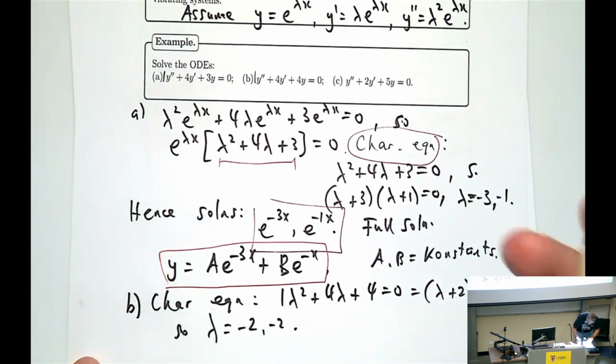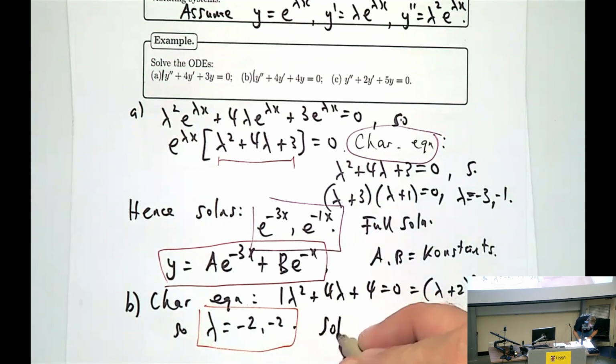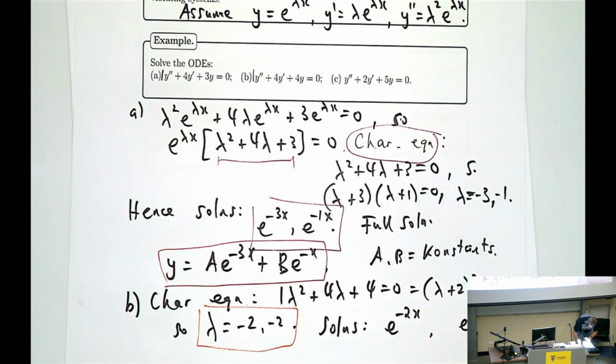So in this case, there are 2 of the lambdas, and they're the same. So there's a problem here because I would expect 2 different solutions, not e to the -2x and e to the -2x. So does anyone remember what we do from Math 1B? Yeah, multiply one of them by x. The tempting thing is to say, oh, well, it's that.